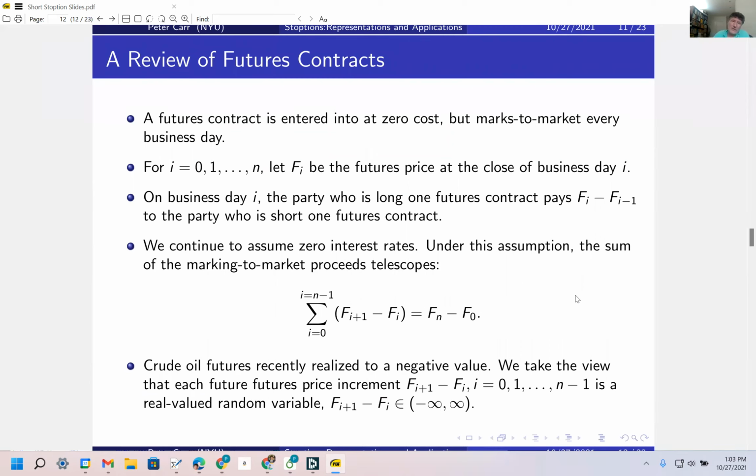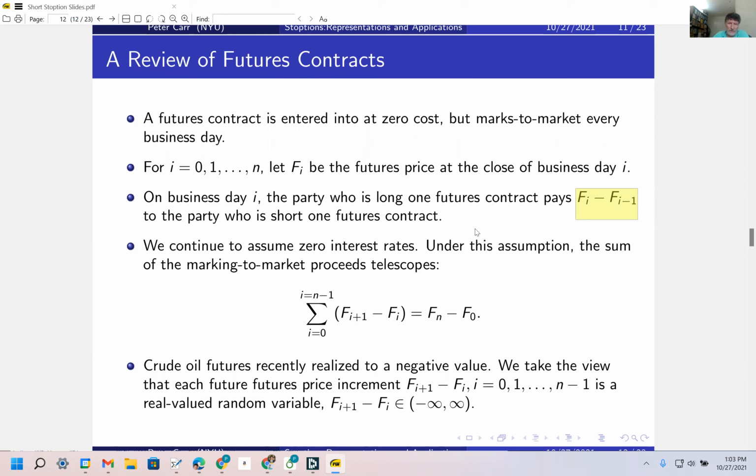So to enter into a futures contract, you enter at zero cost, you mark to market every business day. Let capital F subscript I be the futures price at the close of business day I. So if you're long one futures contract, then you're going to pay this price change to the party you're short every business day, and the highlighted quantity can be positive or negative.